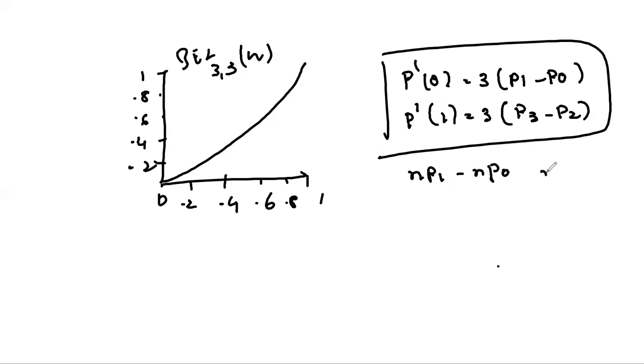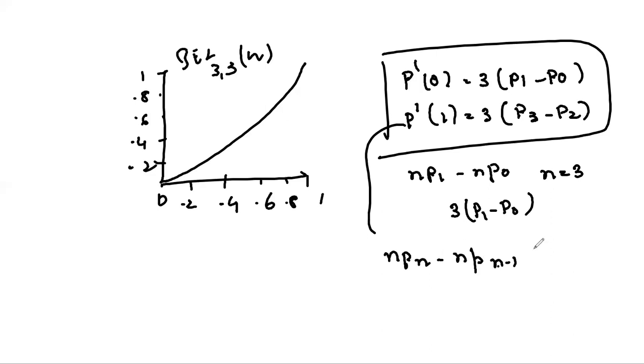Here the value of n in this case is 3, so I have written it as 3 of p1 minus p naught. And if you recall the second one, we had written it as n of pn minus n of pn minus 1. So we have the value of n as 3 for us, so 3 of p3 minus p2 for us. That is, we have just substituted the values in the earlier equation that we have taken.